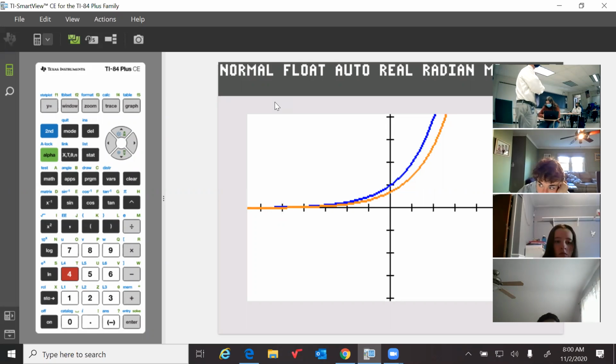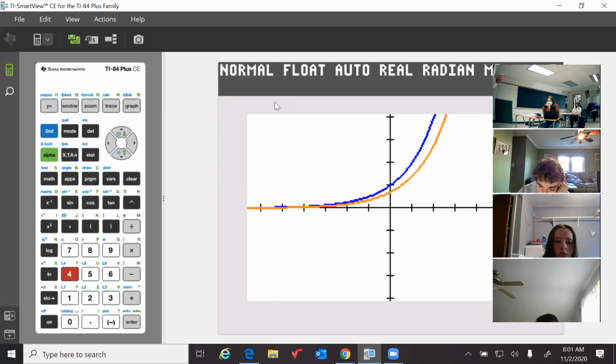Is that right? Yeah, exactly. If you look at this picture, ready? The orange derivative is outside the parent graph.